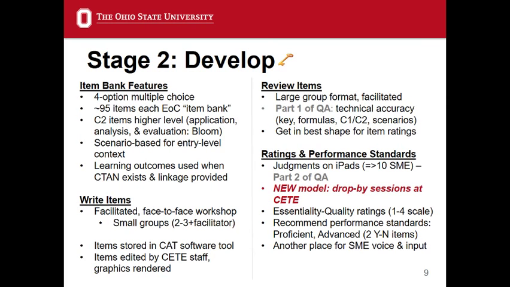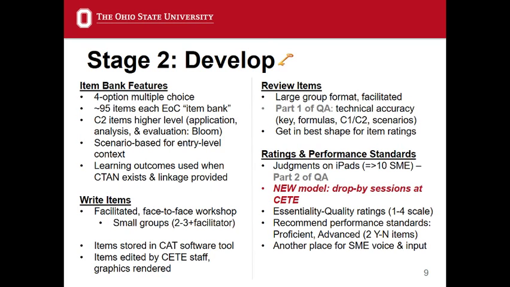of quality assurance. We make judgments on iPads. We want at least 10 subject matter experts to come in. Our new model is drop-by sessions held at CETE. We ask people to work through each item in a course, and for multiple courses, we ask them to rate the essentiality of the knowledge or skill that's in the item. Is it important information?